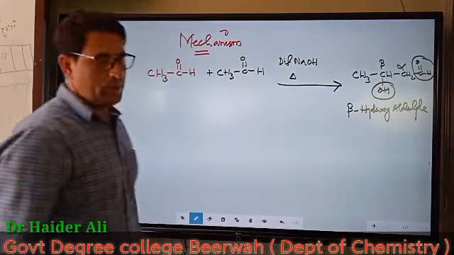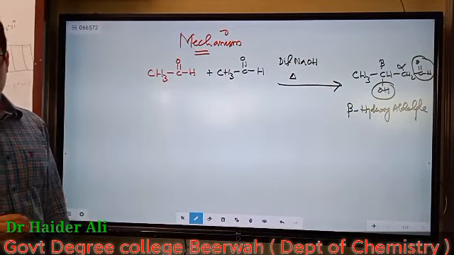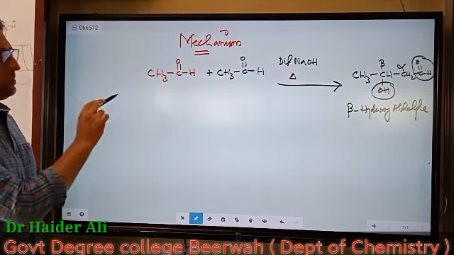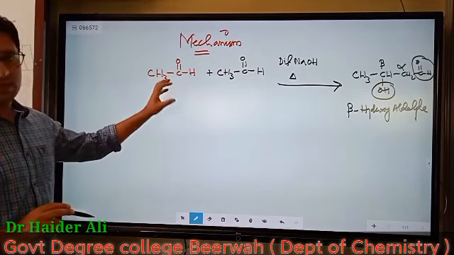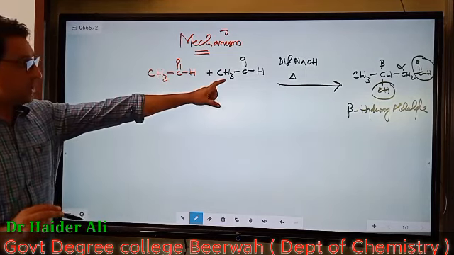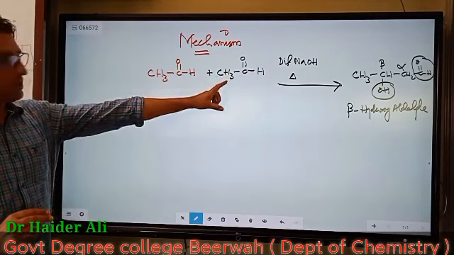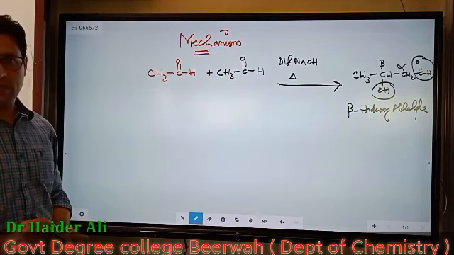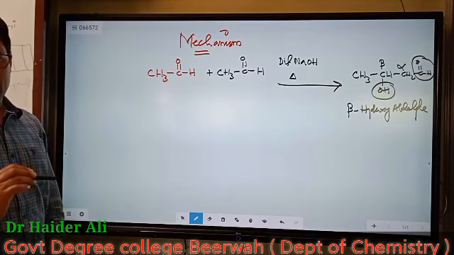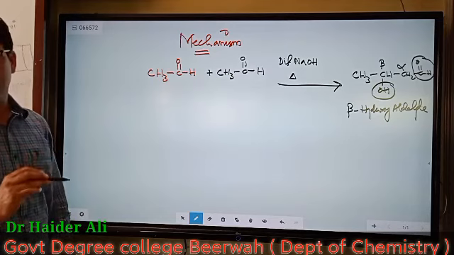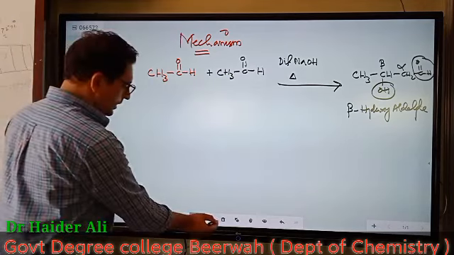So we will have the mechanism of this reaction. Keep this in mind: we are taking two molecules of acetaldehyde, we condense them together, heat them in the presence of dilute sodium hydroxide. Let me prove the product with the help of the mechanism. So let me directly go to the mechanism.